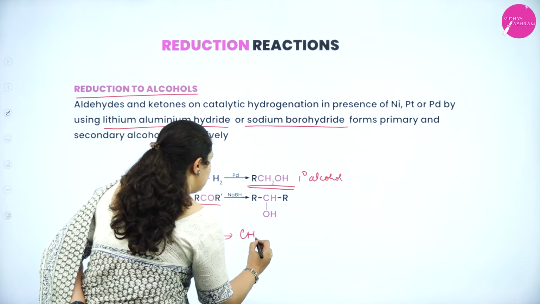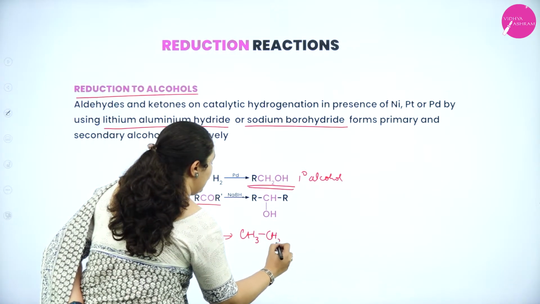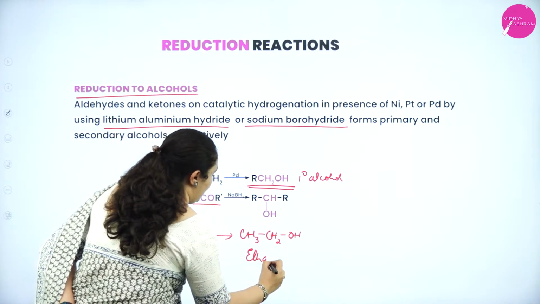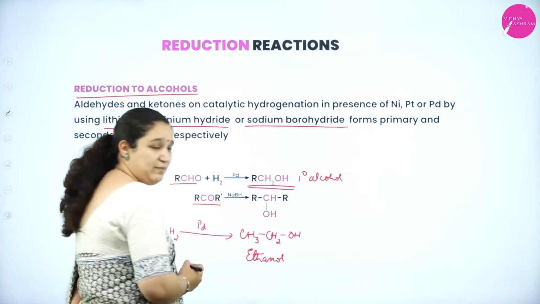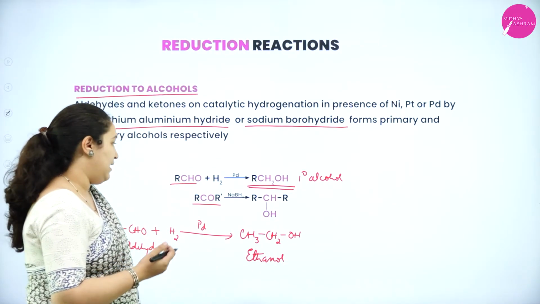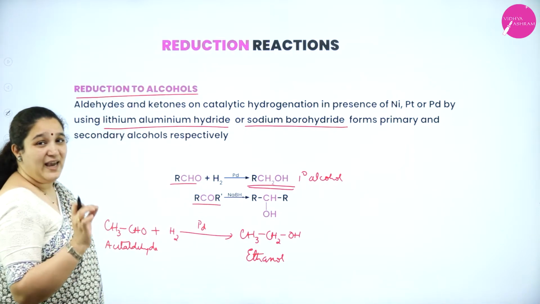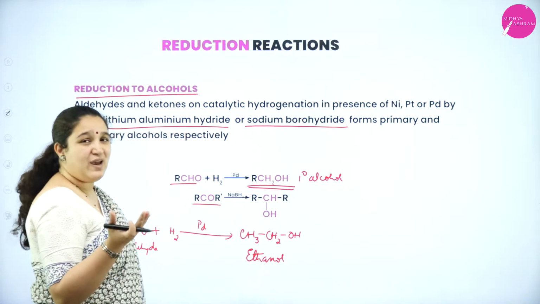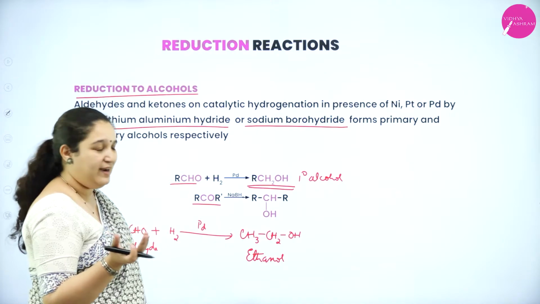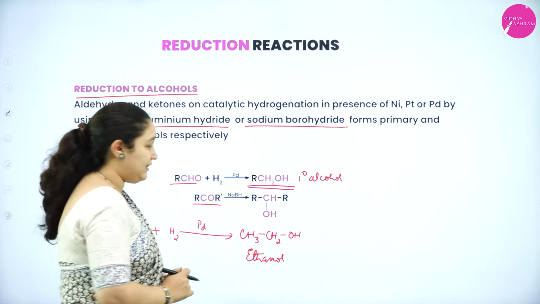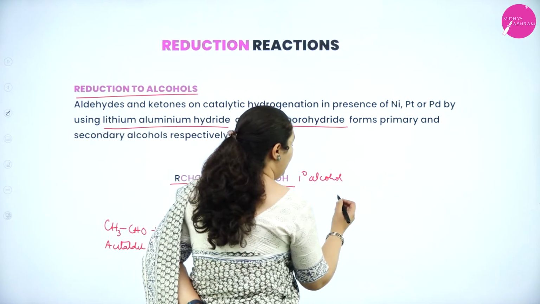I'll get CH3CH2OH, that is ethanol. This is a primary alcohol. Correct? Same way, I'll write an example taking a ketone. I'll take acetone as an example, where R and R dash both are CH3 groups.